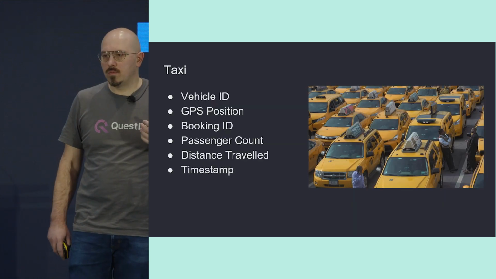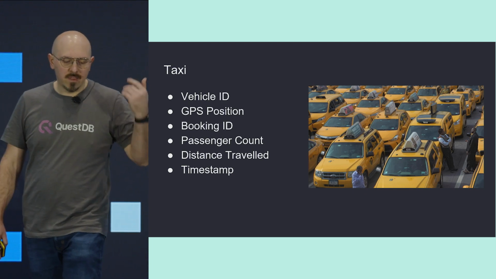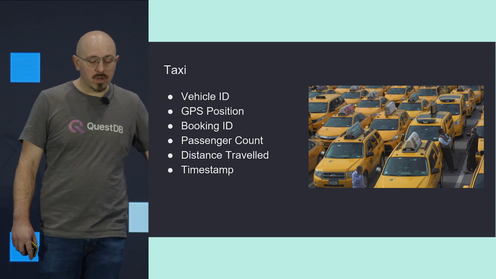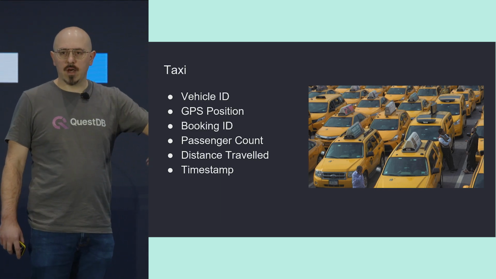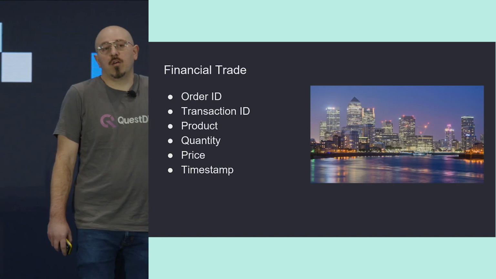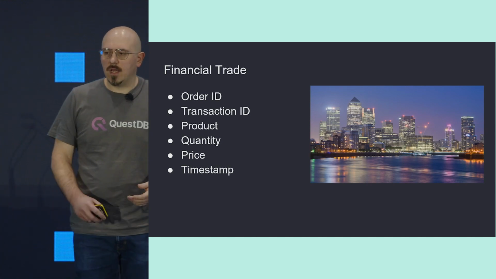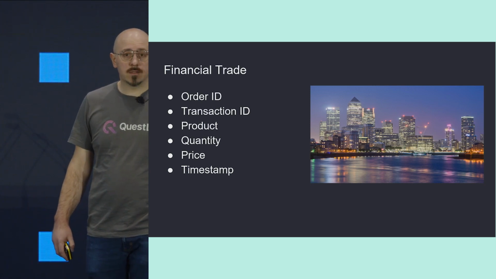And so the type of fields that you might have for something like this is the vehicle ID, the GPS position, where is it, the booking ID, how many people are traveling and how far you've traveled, and a timestamp. And it's not only taxis, of course. A lot of use cases need time series.